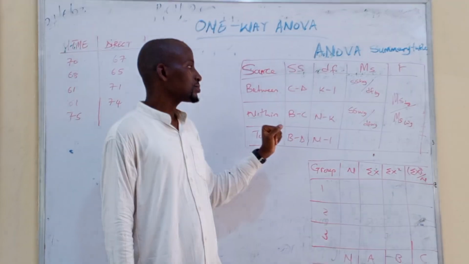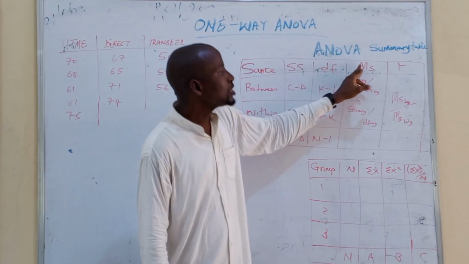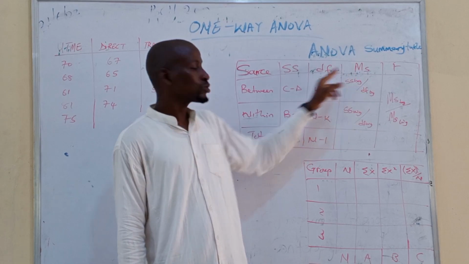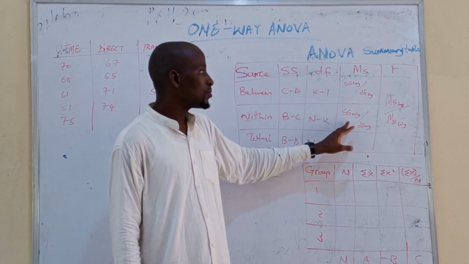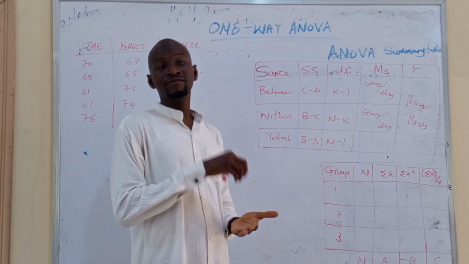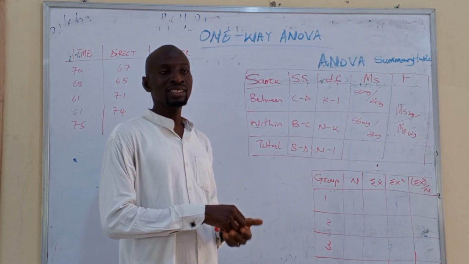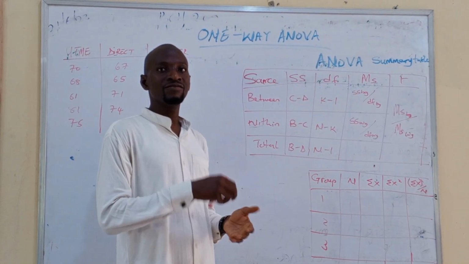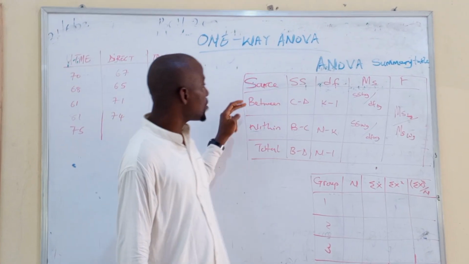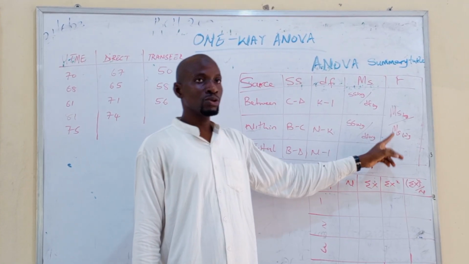For our mean sum of square between group and our mean sum of square within group, there are also formulas. And for our F value, because Anova is usually F value laden, meaning we have to compute the F value, our F ratio is the ratio between the mean sum of square between and the mean sum of square within.